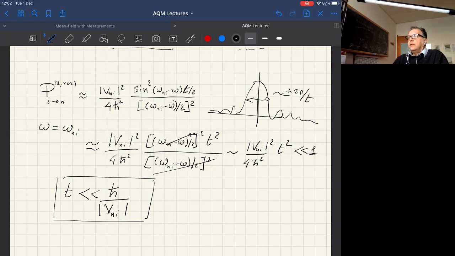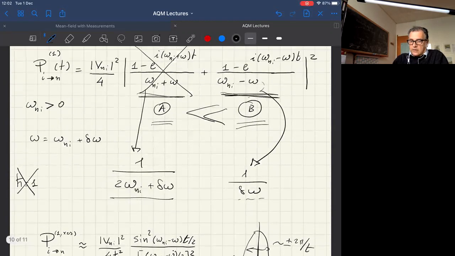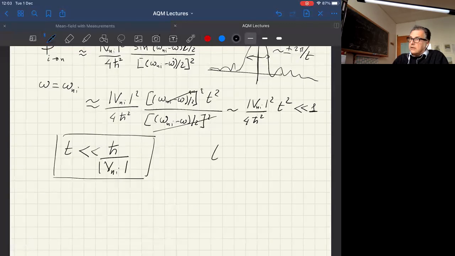But there is more to that. In order for the resonance condition to be valid, and this you can verify, in order for this term to be much more important than this term, it turns out that the time should be larger than 2 pi over omega_NI.